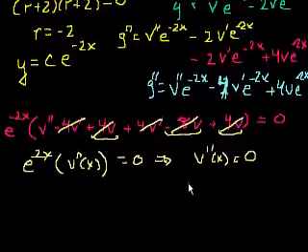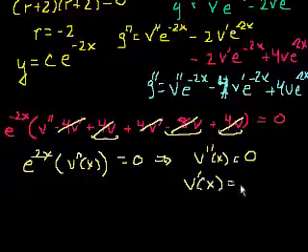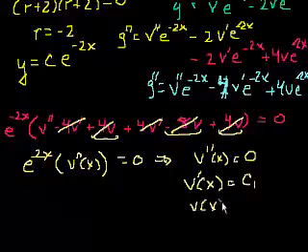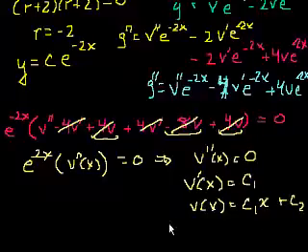You do it once, you get v prime of x is equal to, let's call it c1. And if we take the antiderivative of both sides again, we get v of x is equal to c1x plus some other c2, right?